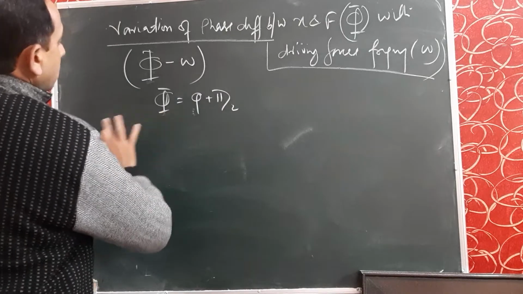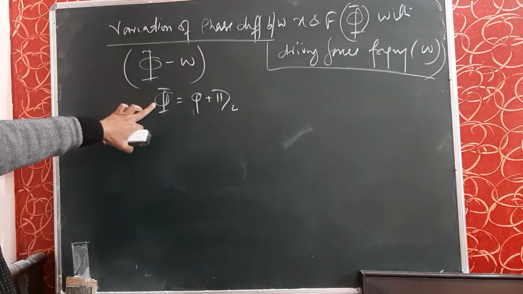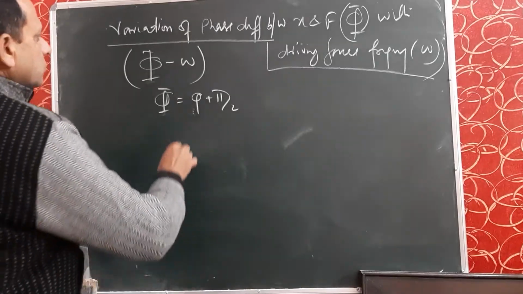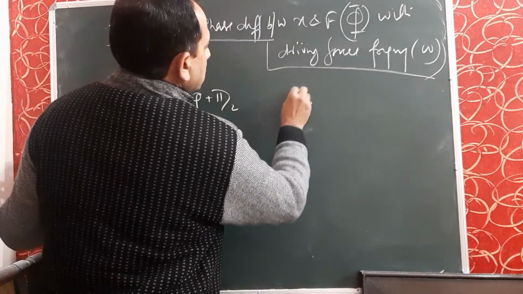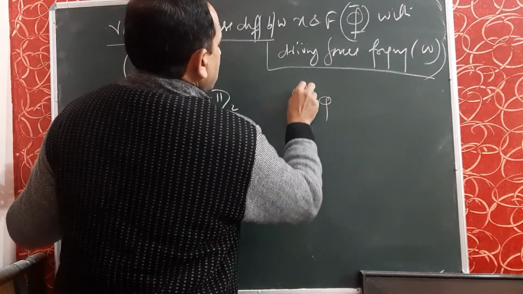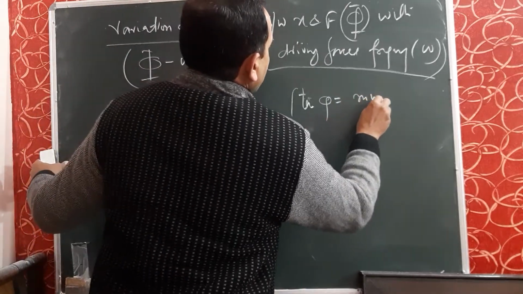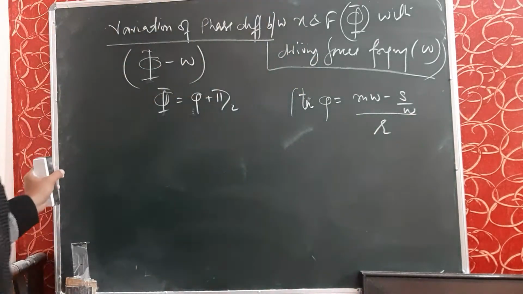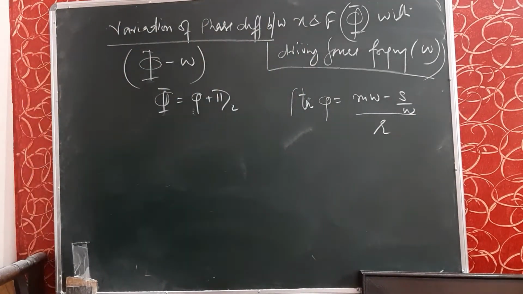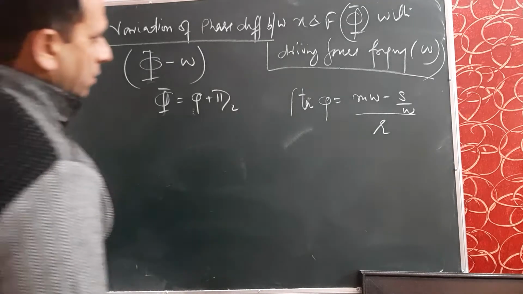Now, we can find the value of phi in terms of omega. Since tan phi is equal to m omega minus s by omega over r. I have put this formula in the previous article where we defined phi and amplitude.